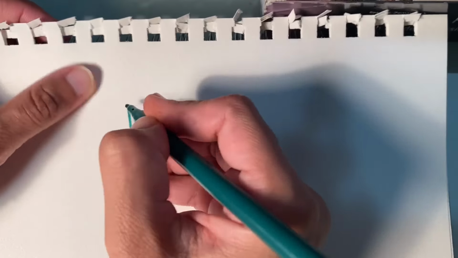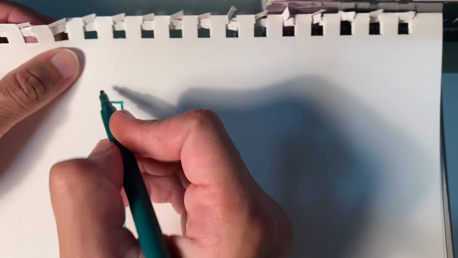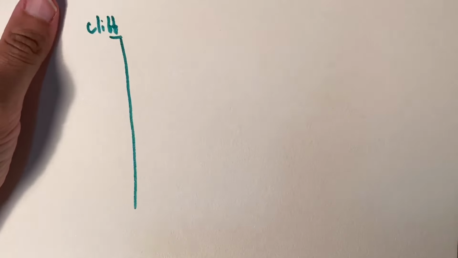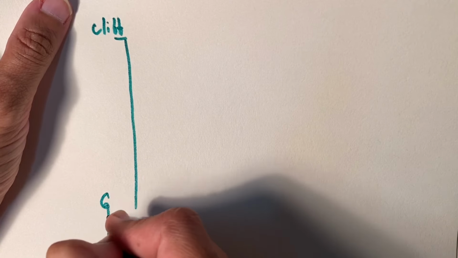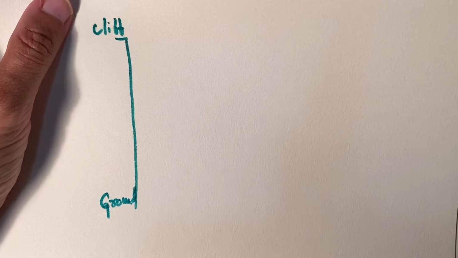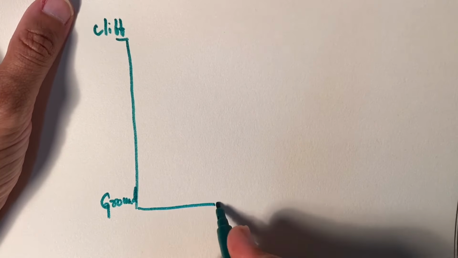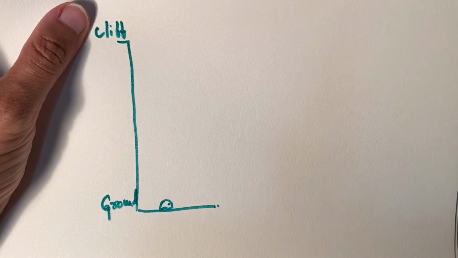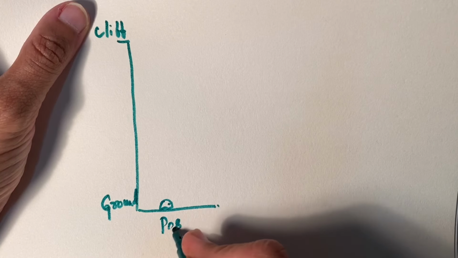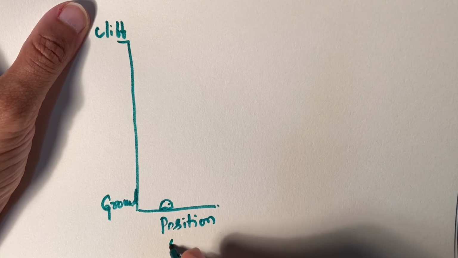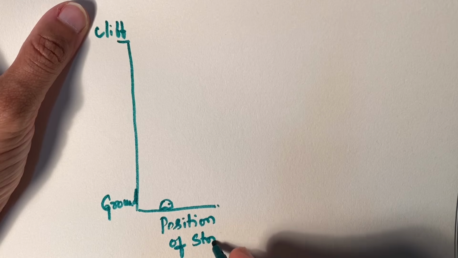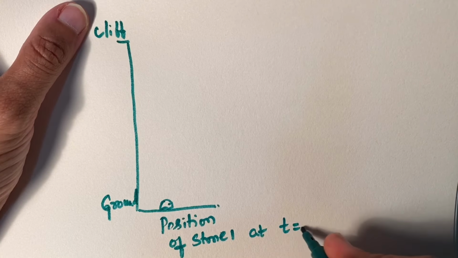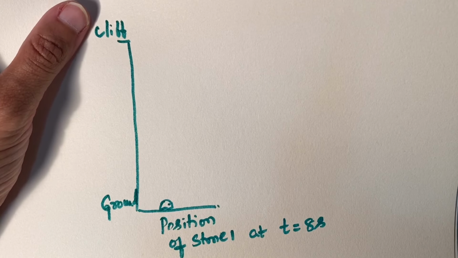So this is the cliff edge. This is ground level, right? So stone 1 was on the ground. This was the position of stone 1 at t is equal to 8 seconds.